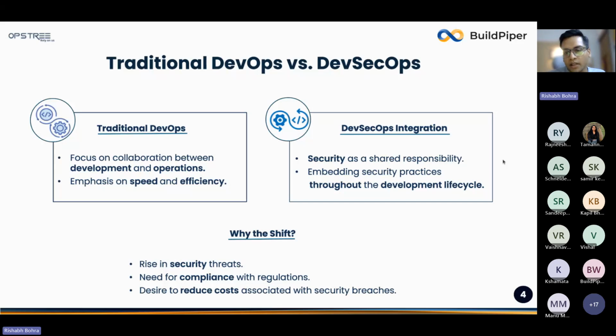Now, DevSecOps, again, hasn't changed much in terms of the actual definition of DevOps, but DevSecOps is essentially the introduction of security into the picture, where previously security was considered a second-class citizen. It was not given focus right at the beginning, and then the organization started to encounter multiple cyber attacks across multiple layers.